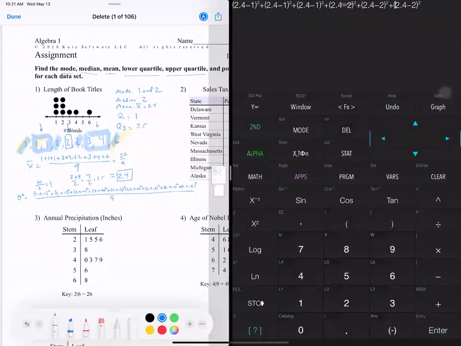So a parentheses, plus 2.4 minus the next number, which is 3, close, squared, plus 2.4 minus 4 squared, plus 2.4 minus 6 squared.